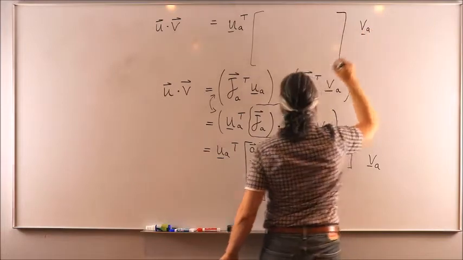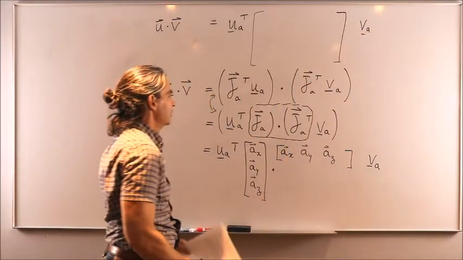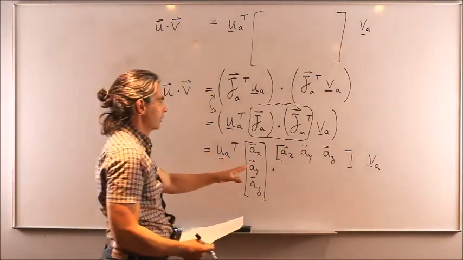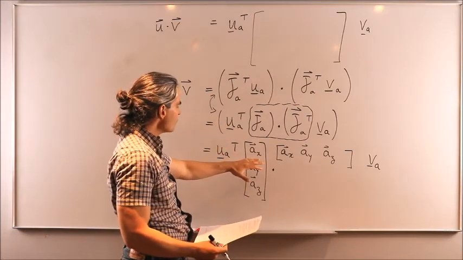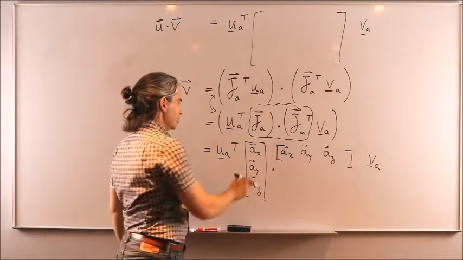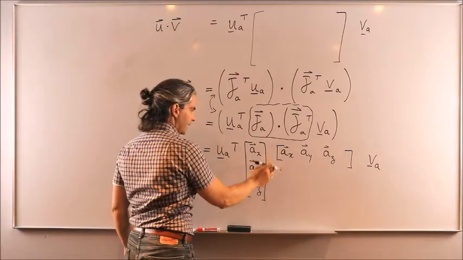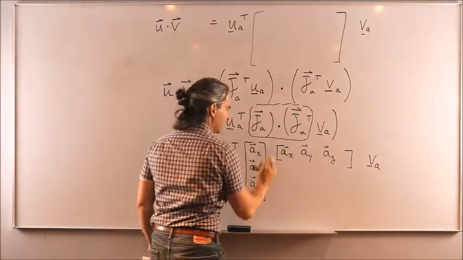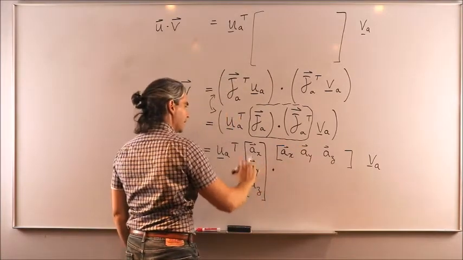Now this 3 by 3 matrix is going to be filled, and we saw that earlier in a previous lecture, with 9 entries. And those 9 entries are essentially dot products of AX with AX, AX with AY, AX with AZ, AY with AX, and so on and so on.